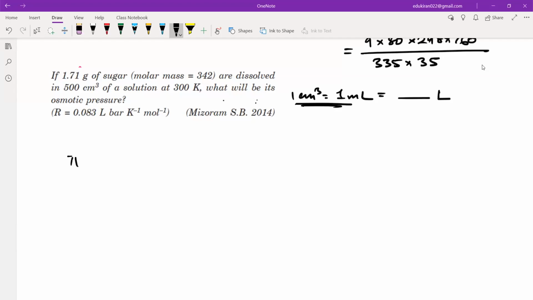So pi will be equal to W_B, which is 1.71 gram that we have taken, into 0.083 times temperature, which is 300, divided by molar mass 342 into the volume, 0.5 liters.